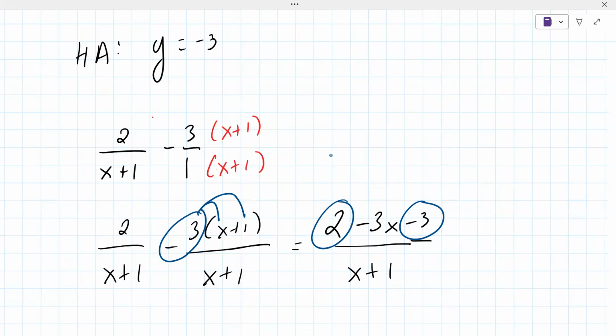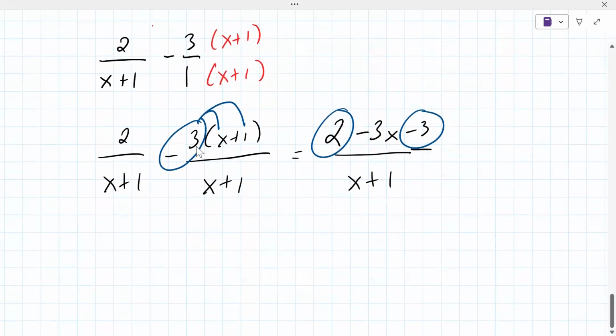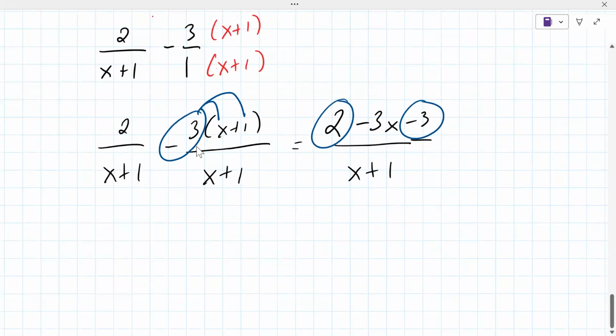2 and -3. What does that become? Well, 2 minus -3, you have to add them up, and that's going to be -5.